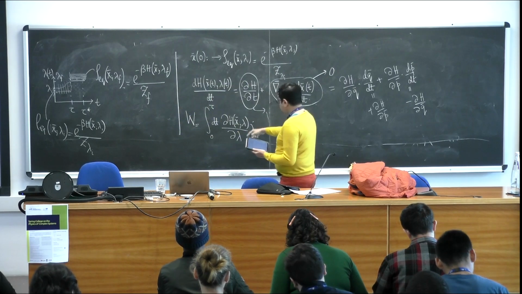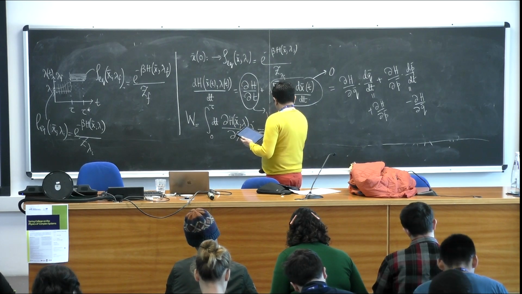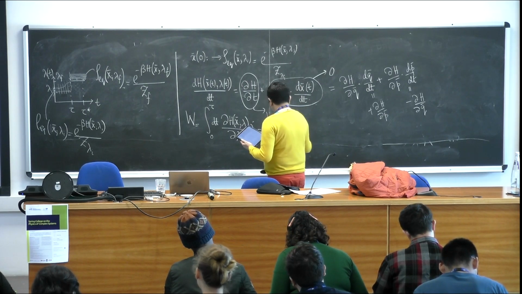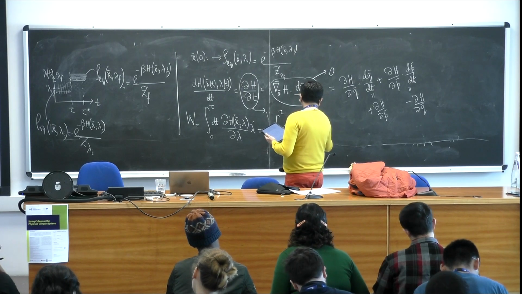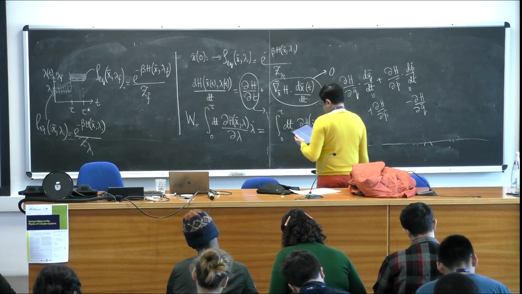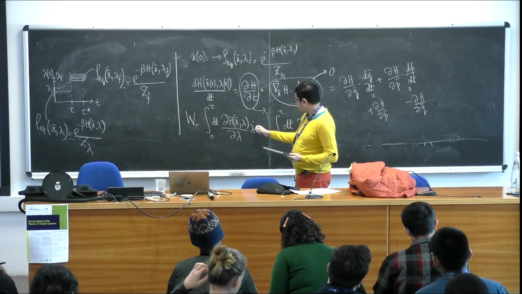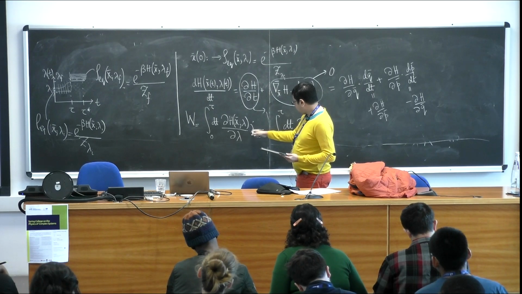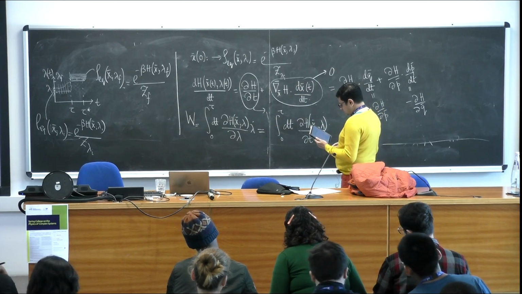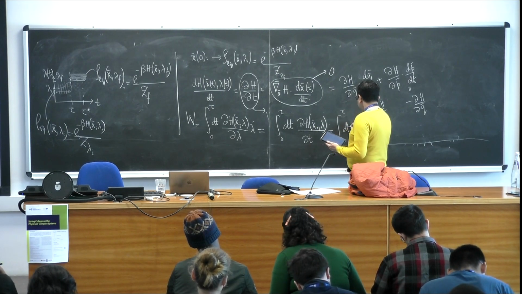But then this thing, I can write it as... see, del H del lambda times lambda dot, where lambda dot is d lambda dt, which is nothing but this guy using this one.